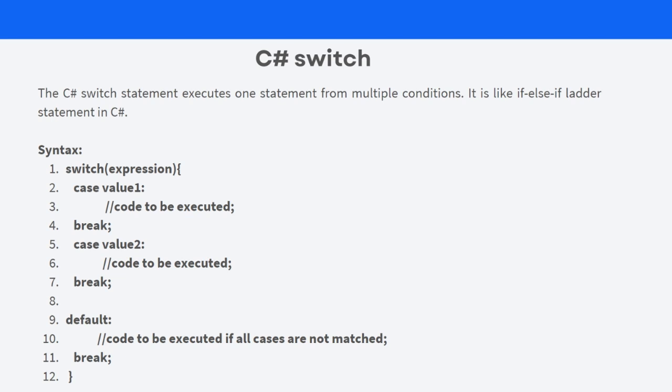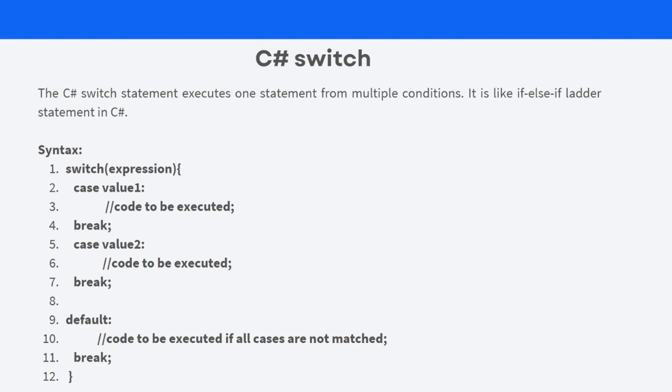You can see the syntax here. You have to mention the expression in the switch statement, and according to the expression, the cases are given. For example, case 1 is the value 1, case 2 is the value 2. Likewise, if case 10 is 10, then that case will be executed after checking all the previous cases.